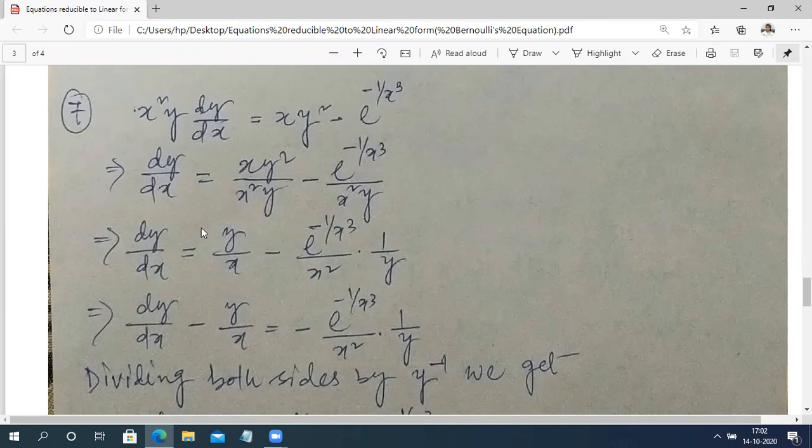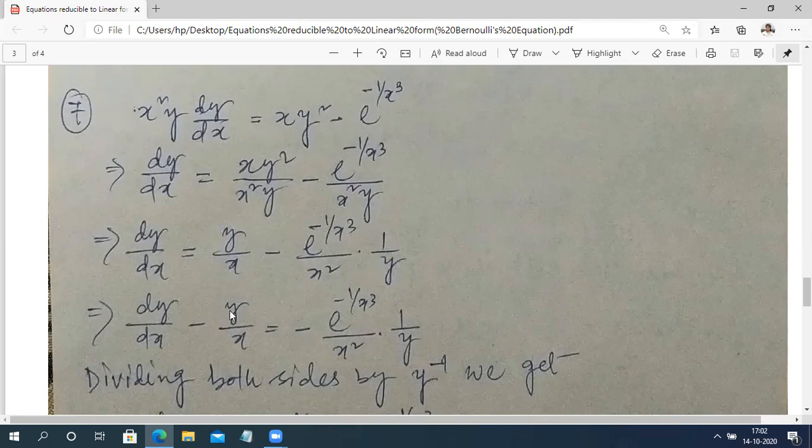Now this will be y by x minus, here you can see that its function of x is e raised to the power minus 1 upon x cube by x square, and y raised to the power minus 1, that is 1 upon y, is your y to the power n.